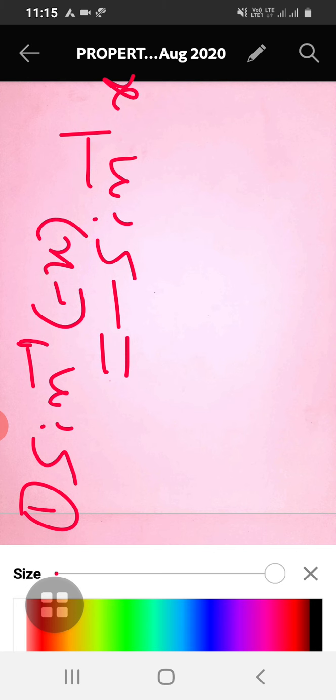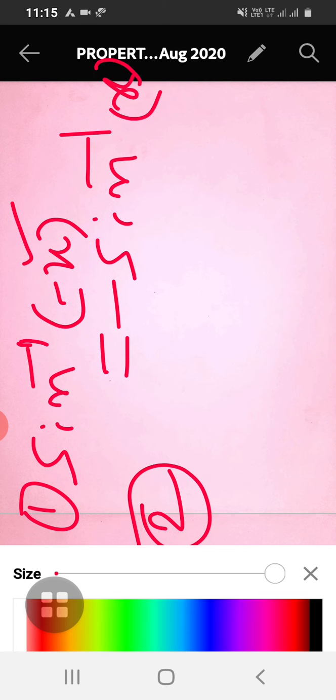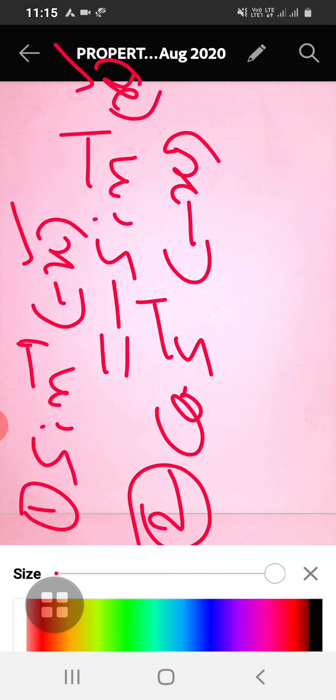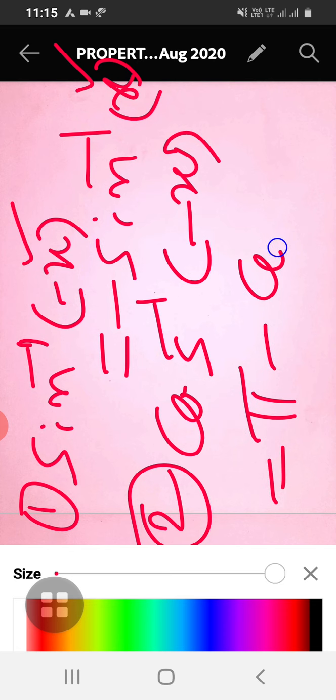We have proved sin inverse of minus x is equal to minus sin inverse x. See, this is minus x, this is x positive, this is negative, and this is positive. Then cos inverse of minus x is equal to pi minus cos inverse x.